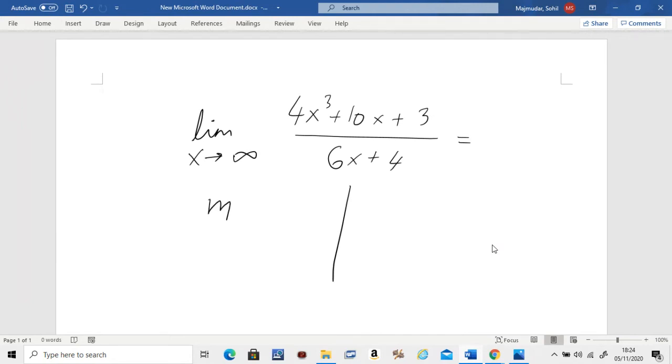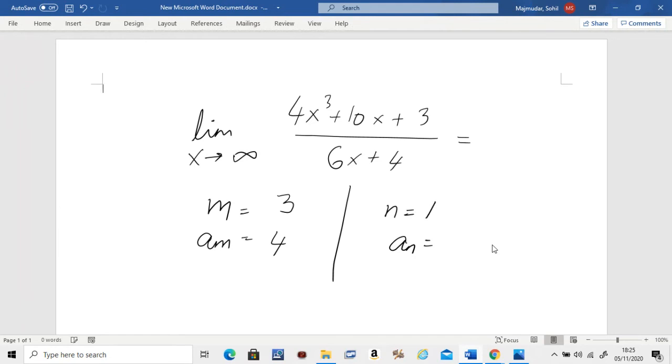Right, so first you find m, which is the degree of the top, and the degree of the bottom, and a_m and a_n. m is 3 and a_m is 4 from the top. n is 1.